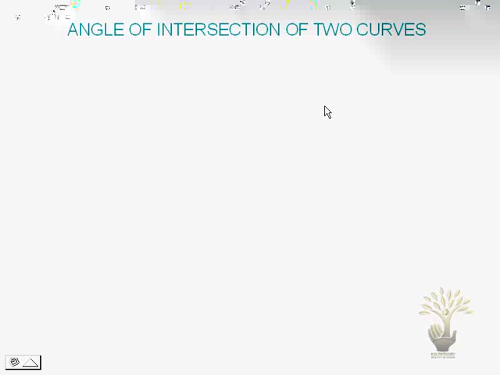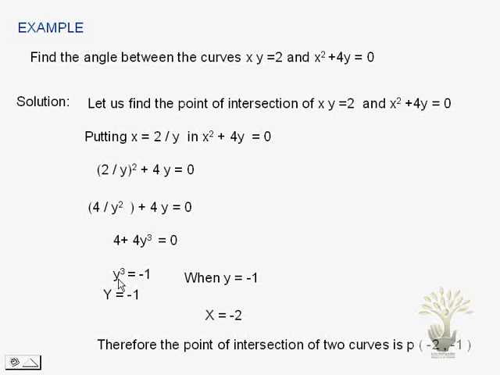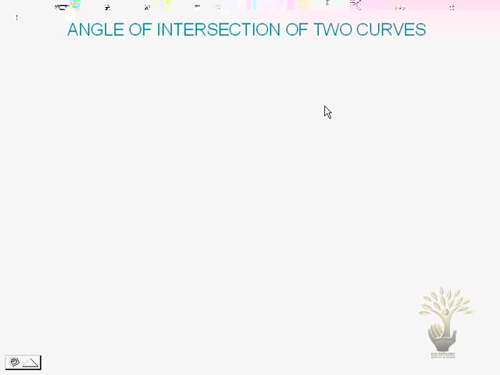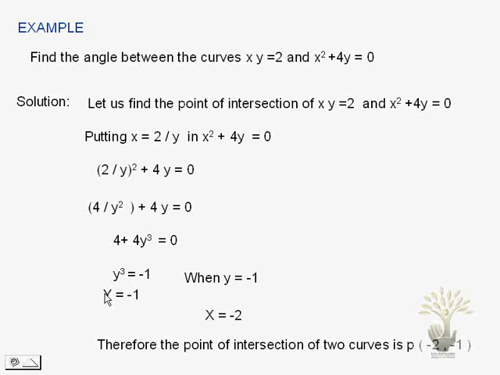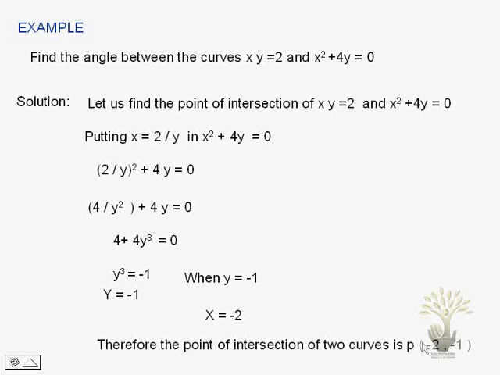Taking LCM, 4 plus 4y cube is equal to 0, which implies y cube is equal to minus 1. That is, y is equal to minus 1. When y is equal to minus 1, substituting in this, x is equal to 2 by minus 1, which is minus 2. So the point of intersection of the two curves is P minus 2 comma minus 1.